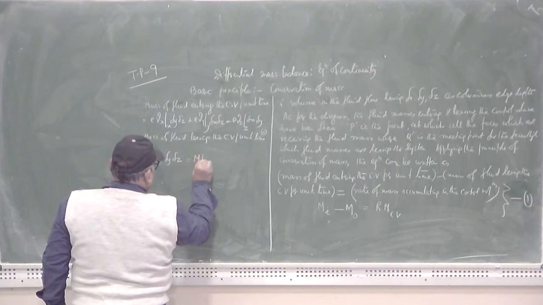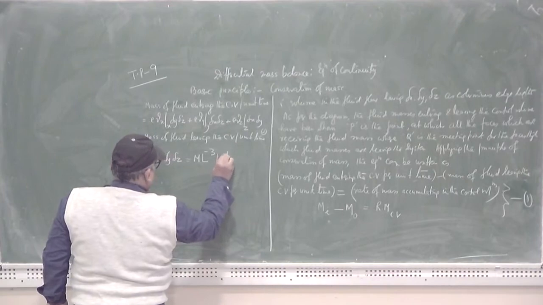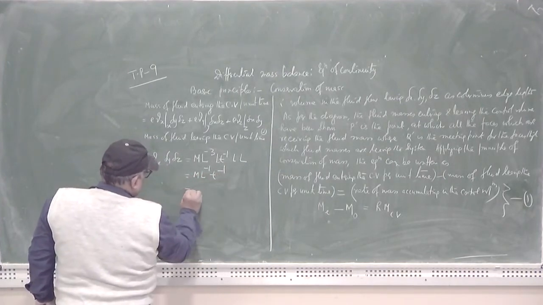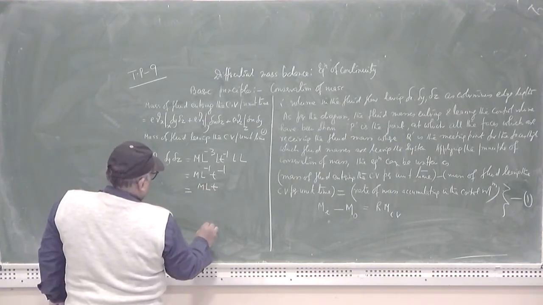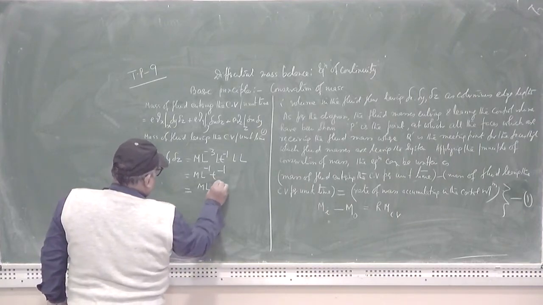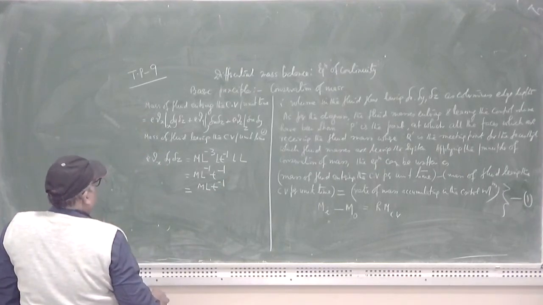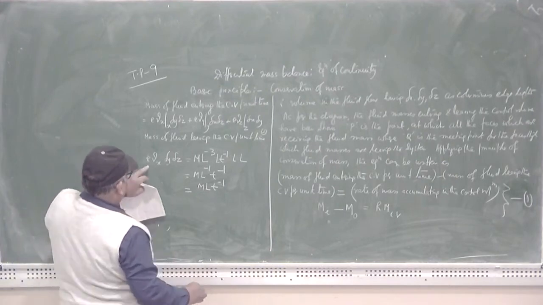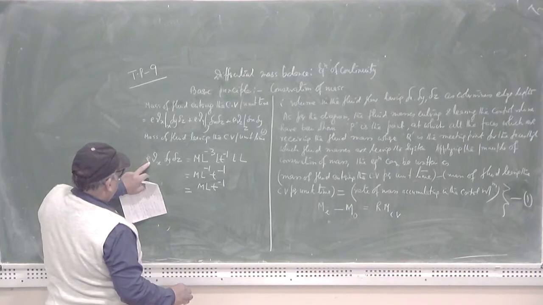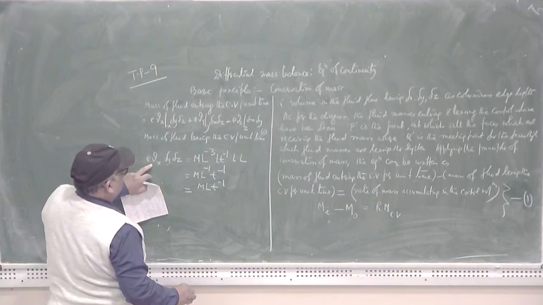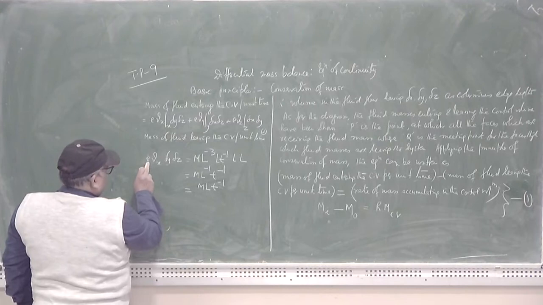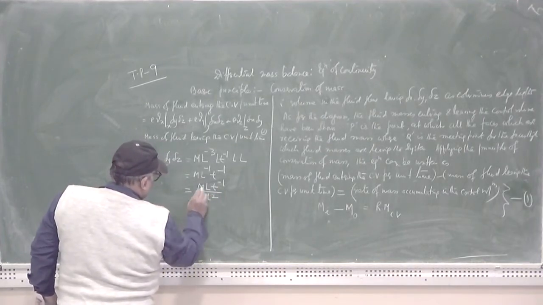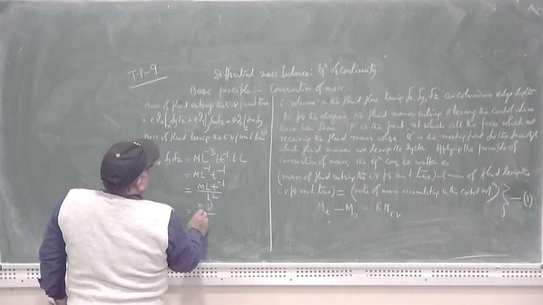Rho is M L^-3, V is L t^-1, so this can be written as M L^-2 t^-1, that is mass into velocity divided by area.